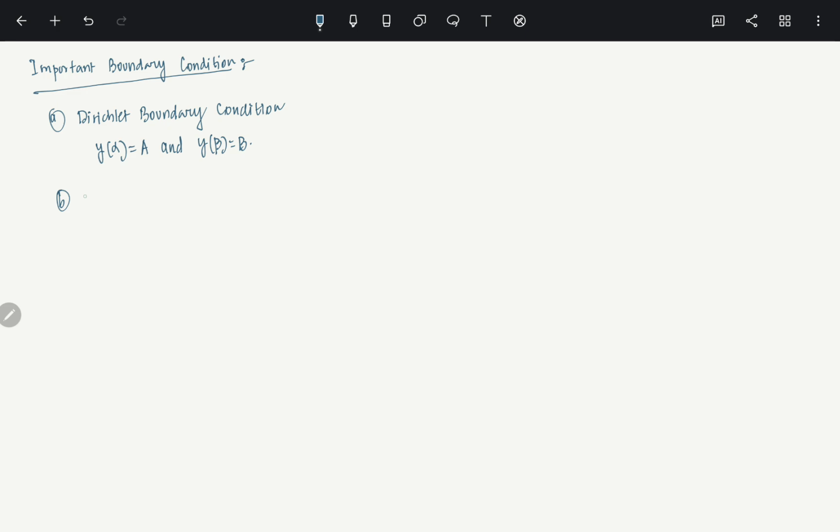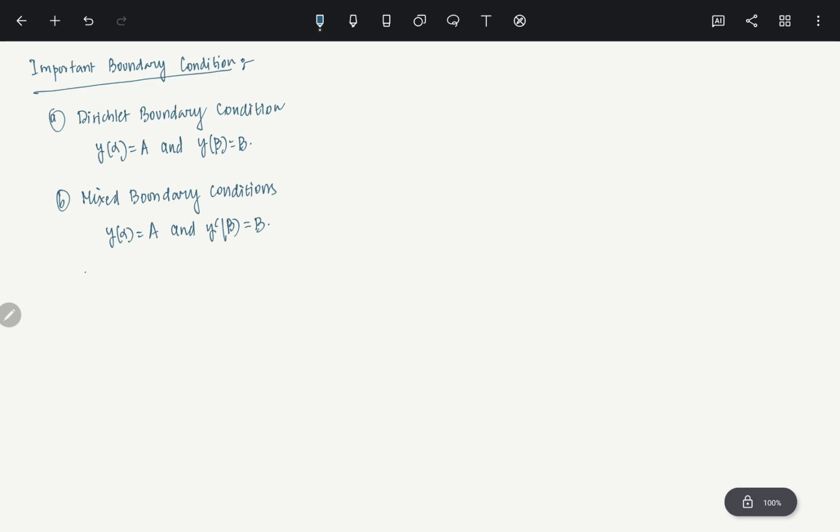Okay, then you have mixed boundary conditions. So what are mixed boundary conditions? It is y at the point alpha is A and y prime at the point beta is B. Is this okay? So this is the second boundary condition, which is the mixed boundary condition.